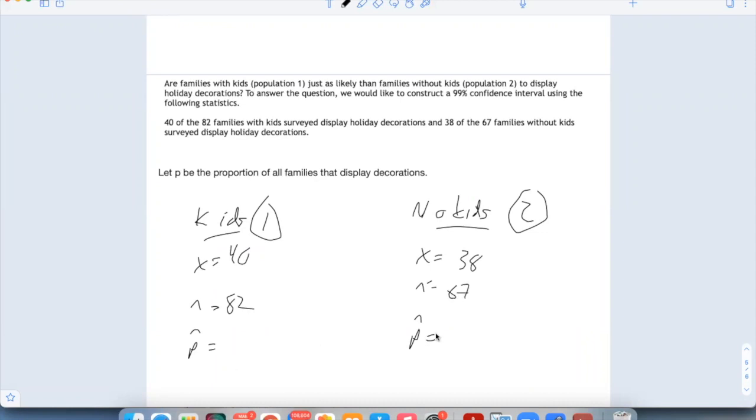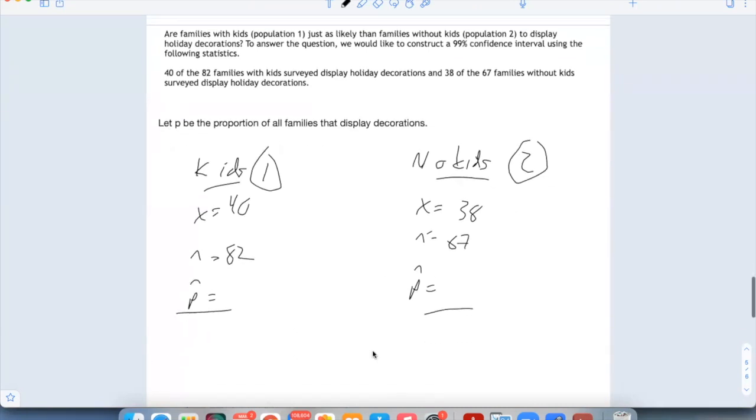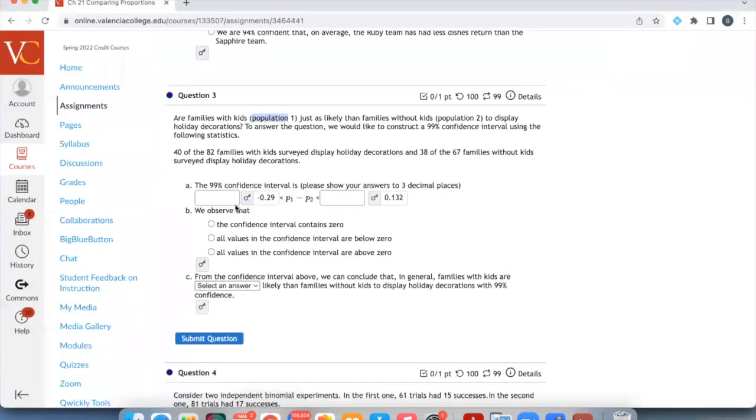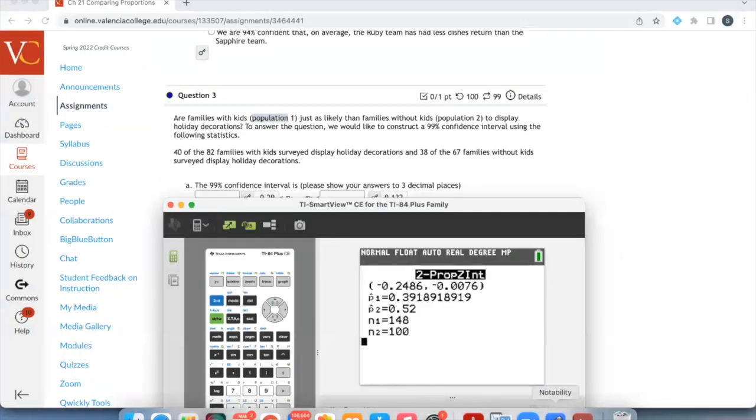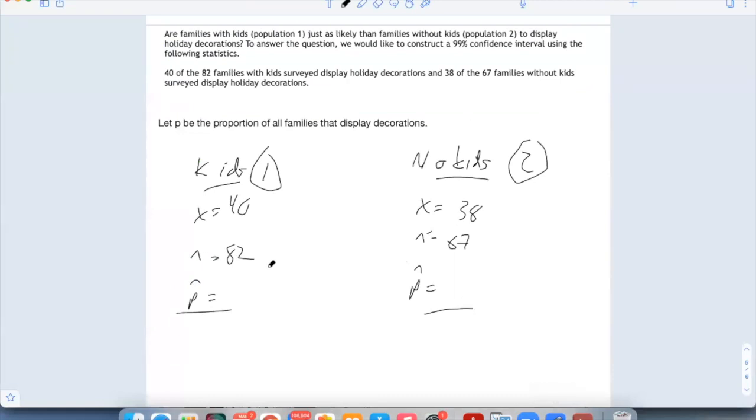So normally I would find my P hats before choosing one and two. Since they've already chosen, honestly, I don't even have to find these. On anything that's written that you guys are turning in to me, make sure you find these. But here, since I'm just typing in the calculator and then typing in my answers, I've spent more time talking about this than it would have been to just find them.